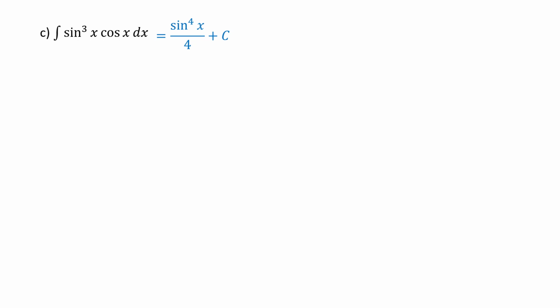Find the integral of sine cubed x cosine x dx by method of substitution. I begin by rewriting our integrand as the integral of (sine x) in parentheses raised to the power of 3 times cosine x dx. The inside function, that's what's in the parentheses, is sine x, so I'll let u equal sine x.